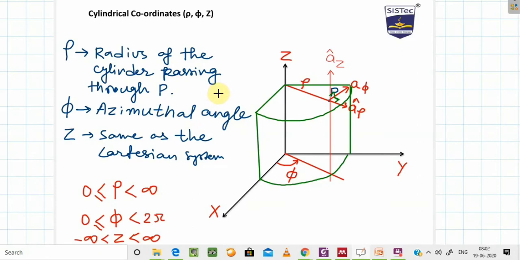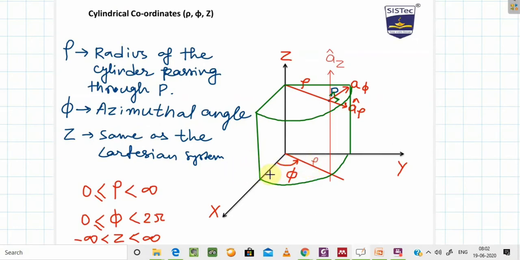Now some more relations we can derive here, and that is what will be rho. If I talk about rho, this one is the rho.